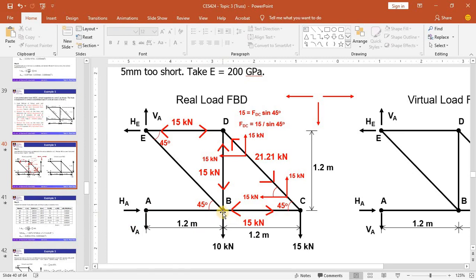Okay, so at the joint B, how many forces do we have? This member BA, BE, BD, and BC, including this 10 kilonewton load. So we have 5 forces acting on this particular joint B. But here we have already solved 2 of them, which are members DB and DC.